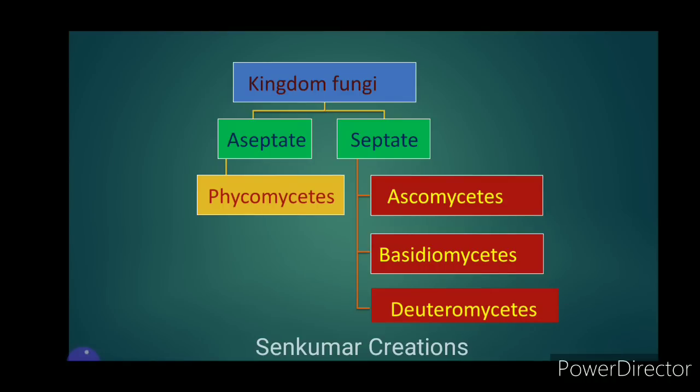So the fungi kingdom can be classified into two groups, aseptate and septate. Aseptate is classified into only one type, that is phycomycetes, but septate can be classified into three groups: ascomycetes, basidiomycetes, and deuteromycetes.